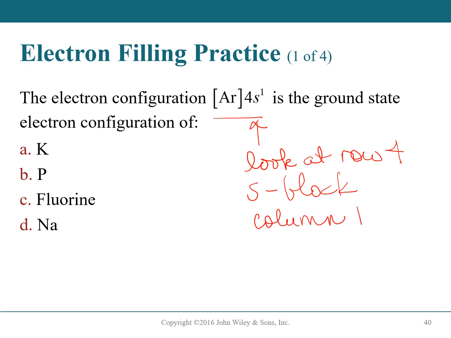So you're looking at basically potassium, because potassium's in row 4. If you look at the S block, the first column, that's where potassium is.